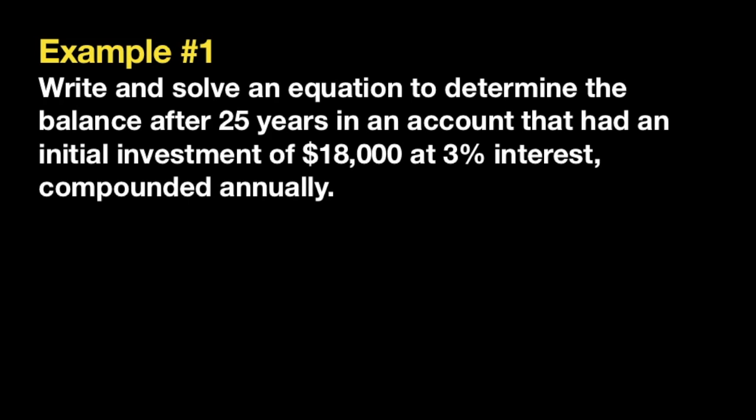For this problem, we have to write and solve an equation to determine the balance after 25 years. So we're going to get the information and then we're going to start making notes. So we know that our time is going to be 25 years.